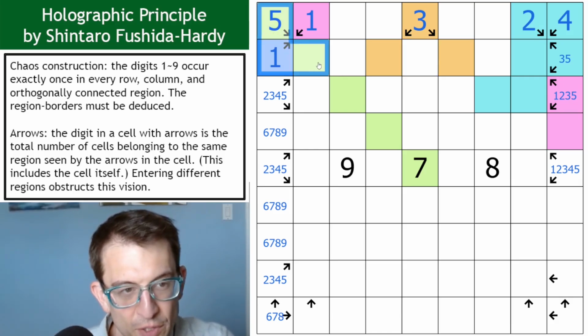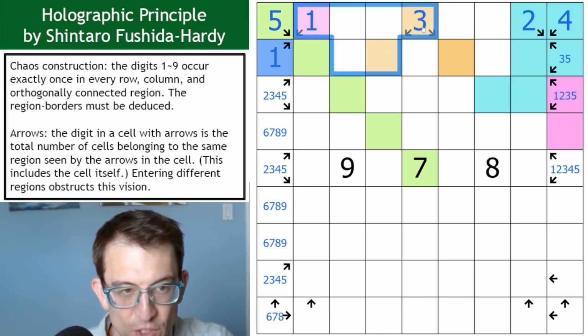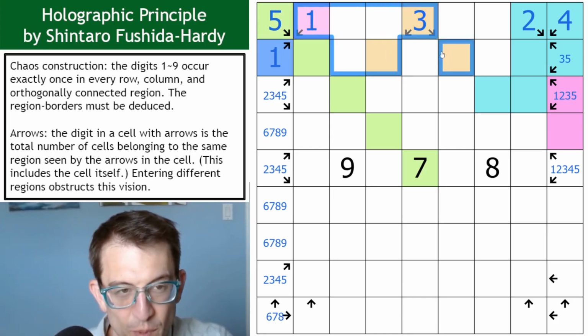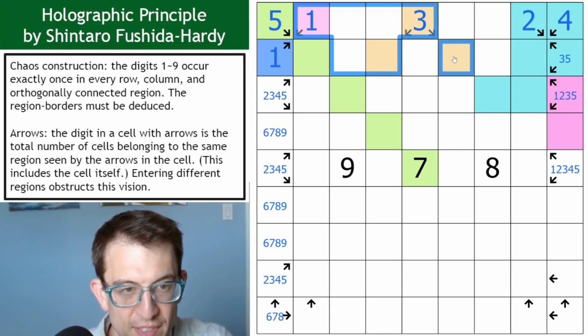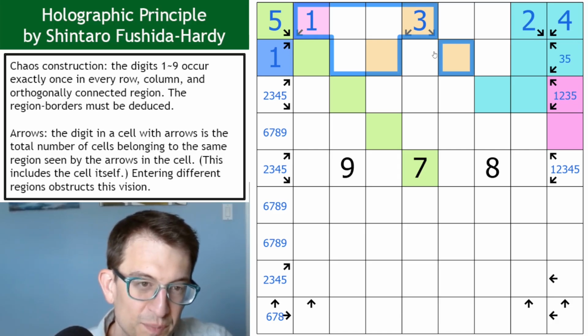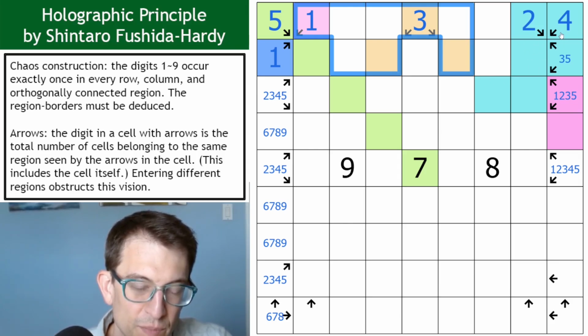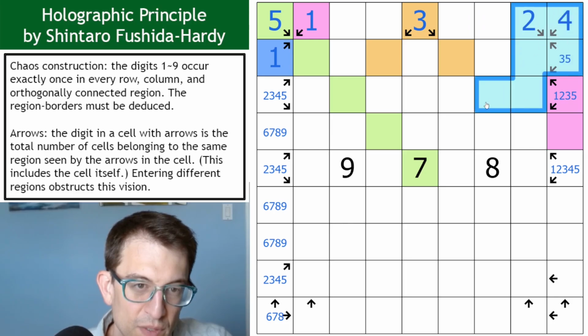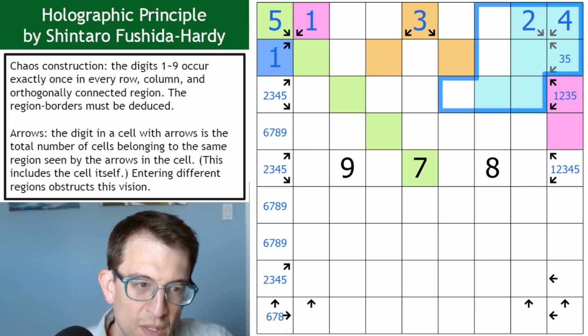Okay, if this is blue, then pink necessarily has to go to orange. Is there a problem with that? 1, 2, 3, 4, 5, 6, 7, 8 to connect, and then 1 more cell. Let's say I did that to be most accommodating to blue. 6, 7, 8, 9. I don't know.